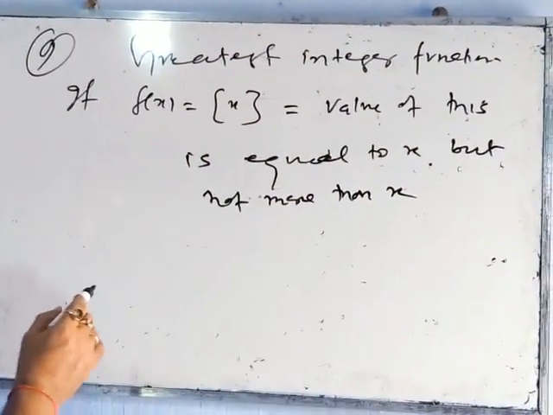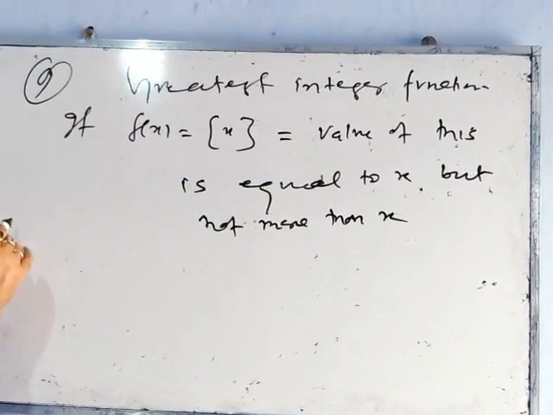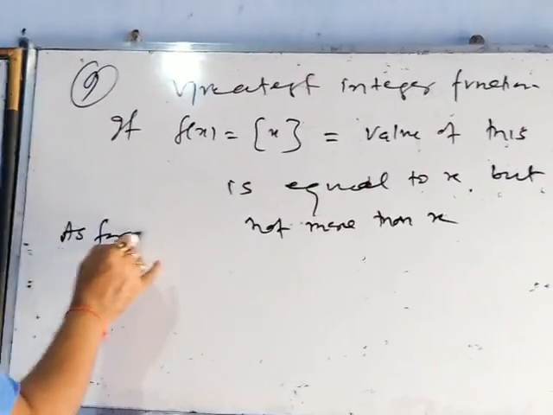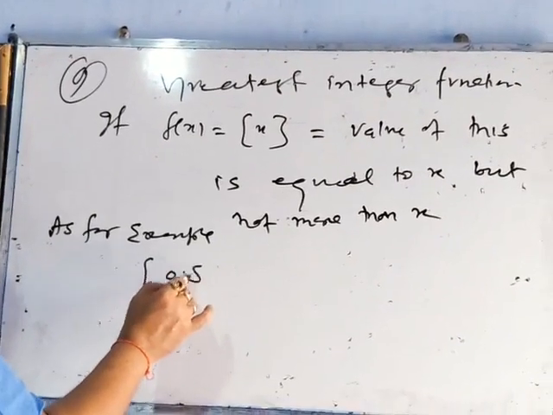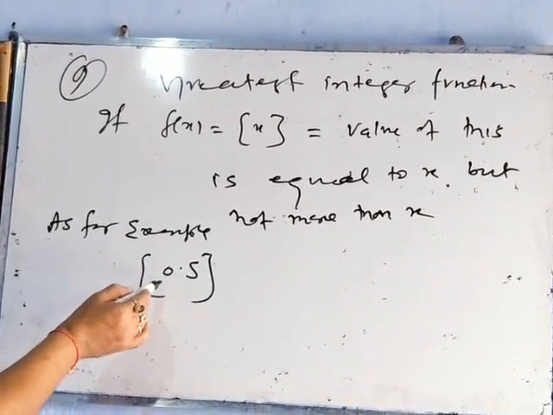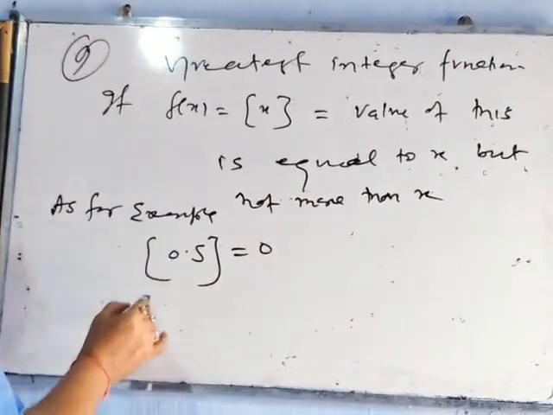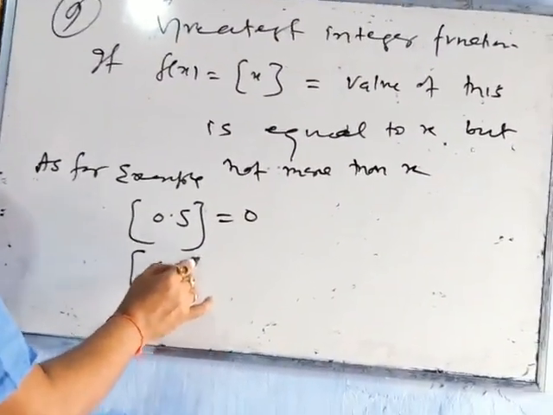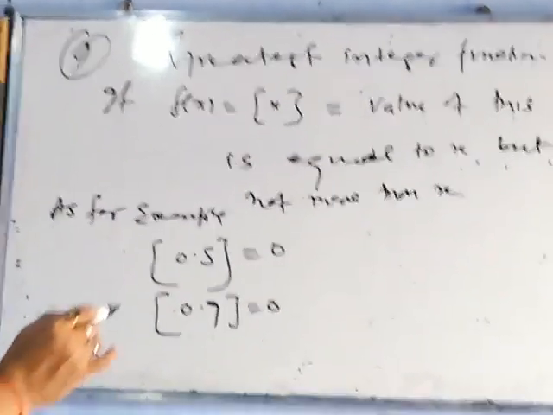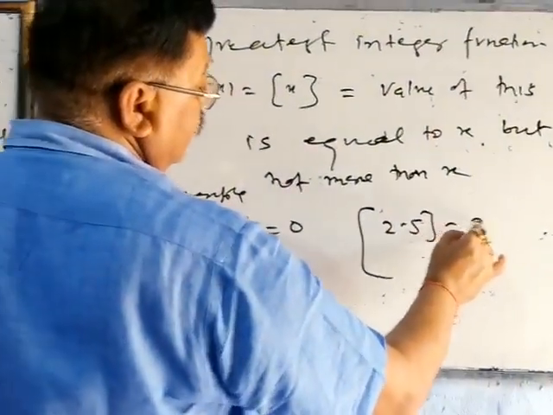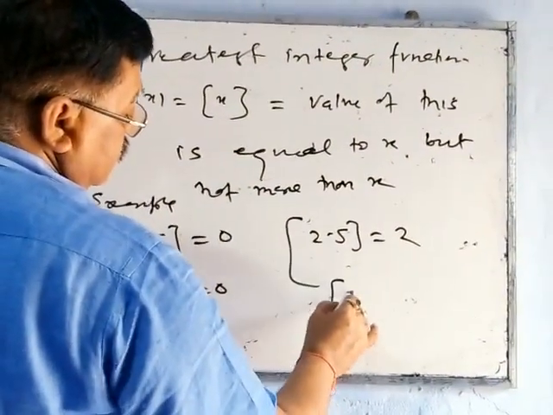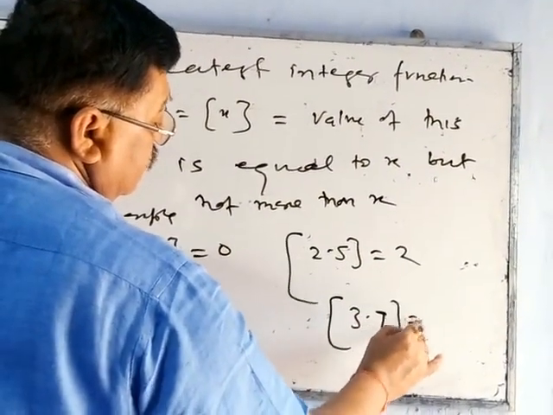This is the greatest integer function. For example, student, 0.5: here we take the integral part only, so the value is 0. 0.9, the value is 0. 2.5 gives 2, we take only the integral part. 3.9 is equal to 3.